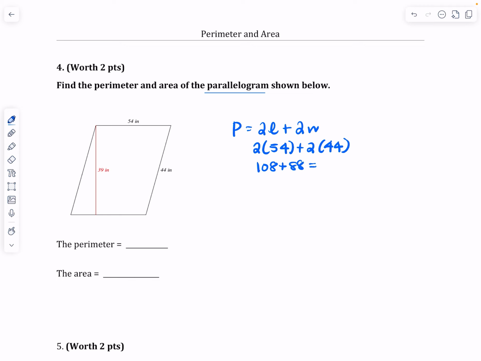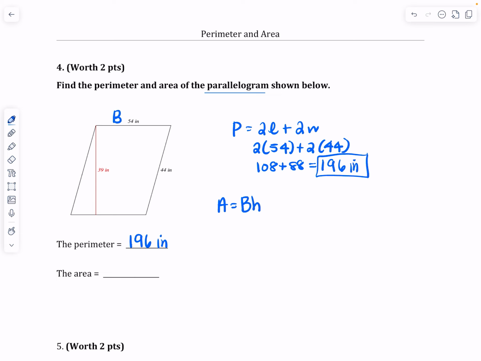Now I'm going to add those two together. And that equals 196. And we're in inches. Okay? So that's perimeter. Let's find the area. The area of a parallelogram can be found by taking the base times the height.